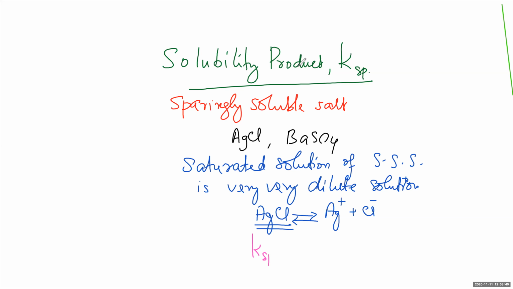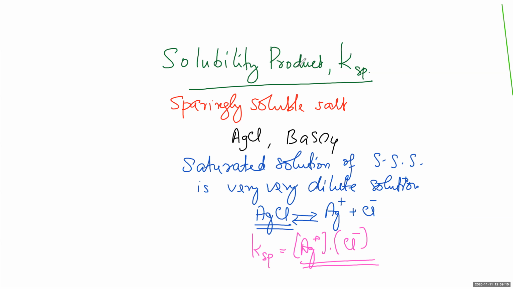So the solubility product of silver chloride is equal to the product of the concentrations of the Ag plus ion and the Cl minus ion, the concentrations of the ions in a saturated solution.